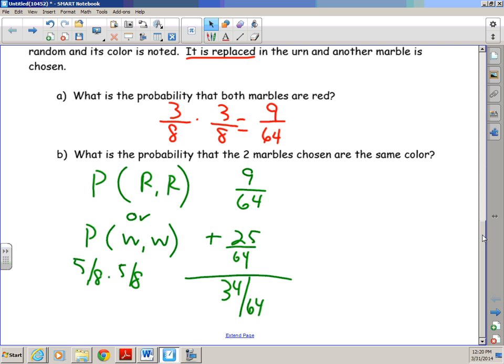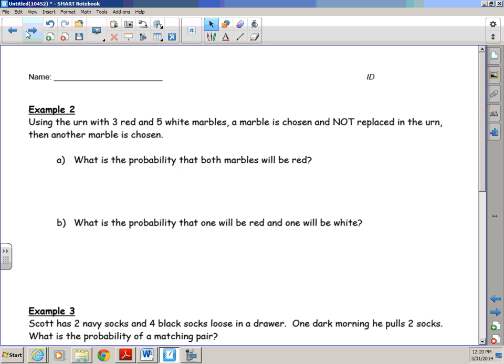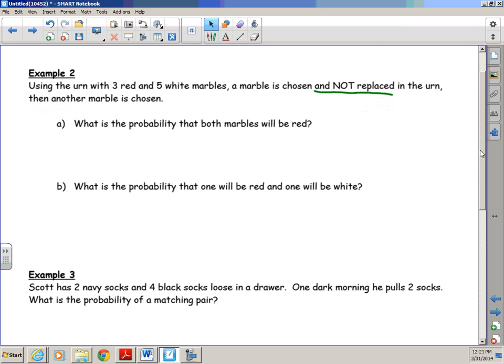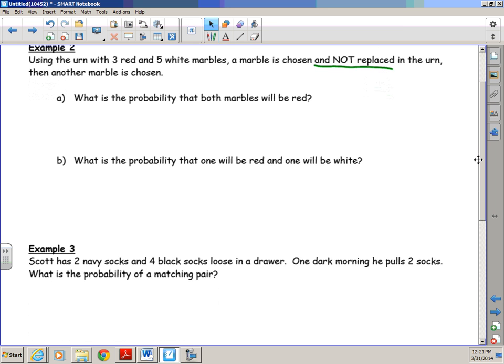Now, let's go to the next example where it is not replaced. So that means the marble is taken out and kept. So the probability that they're both red, the first probability is the same, but now everything reduces by 1 because the assumption is that the marble you chose was a red marble. Okay? All right?